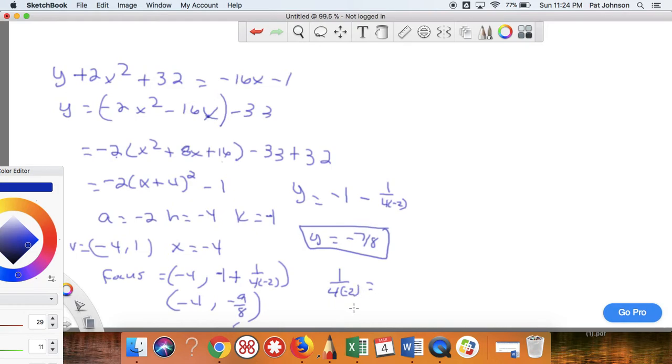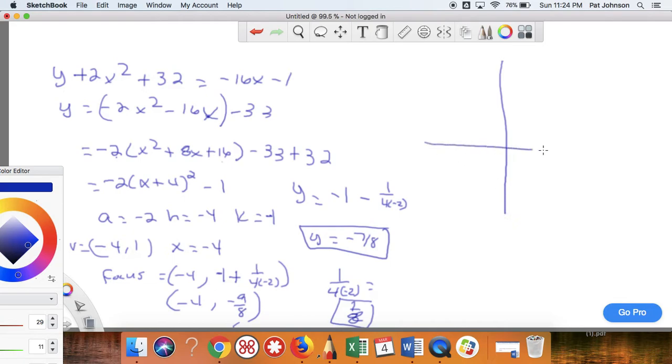I did some bad math here. I wrote the formula down wrong. So this is where knowing the formula matters: it's 1 over a. We said a was negative 2. So it's 1/8, or rather the absolute value. So 1 over 8 is the length of the latus rectum, which means it's not very big.